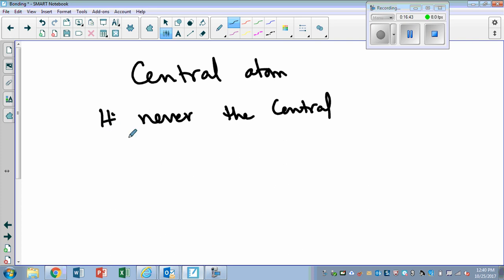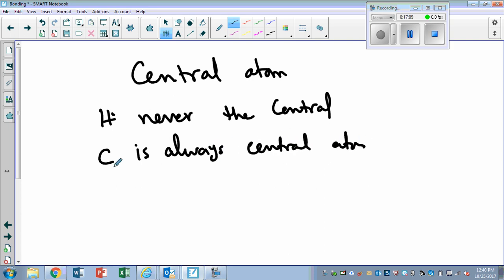Halogens are usually not the central atoms, although we will learn in IB chemistry that halogens and even noble gases make compounds. But in general, in small compounds, halogens make one bond. If carbon is there, carbon is always the central atom.